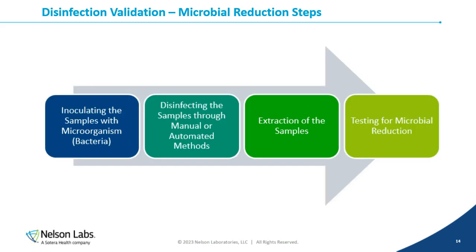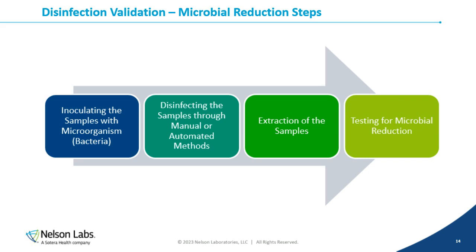So for microbial reduction, that is the phase of testing where we're actually evaluating how effective the disinfection procedure is in relation to your medical device. And that is broken down into 3 steps. First being inoculating the devices or the samples with the microorganisms, followed by taking those samples through the disinfection procedure, whether that be automated or manual, chemical or thermal methods.